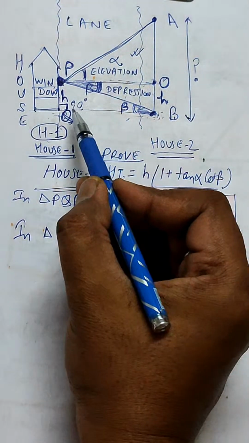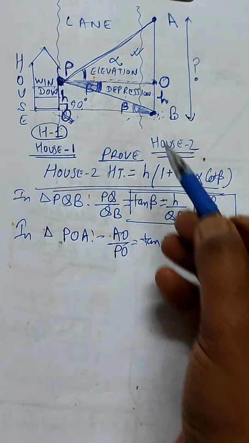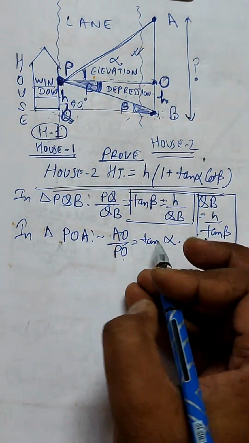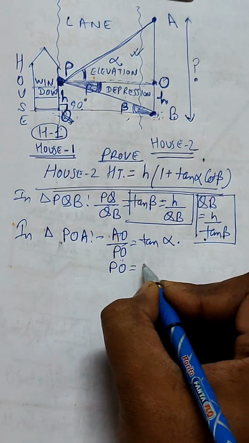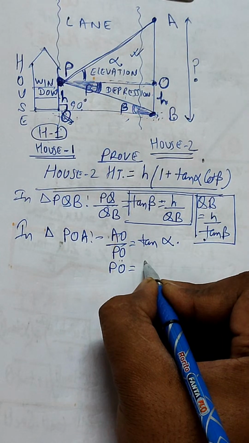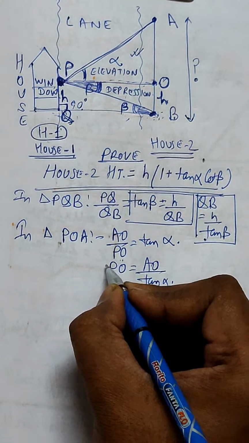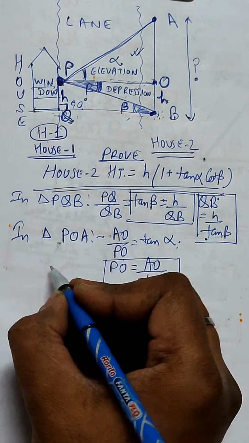From here, the width of the lane, that is QB, is equal to PO. So from this triangle relation, PO is the width of the lane. So we can write PO as AO by tan alpha, but PO equal to QB.